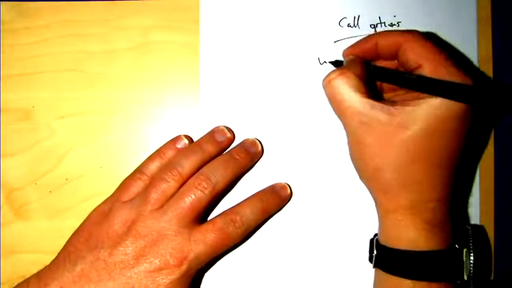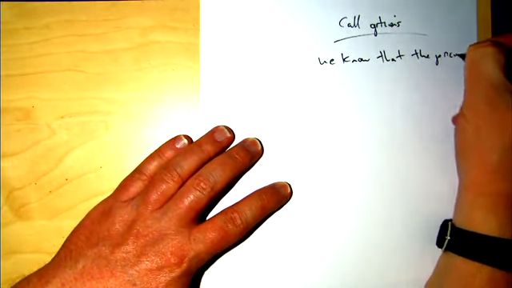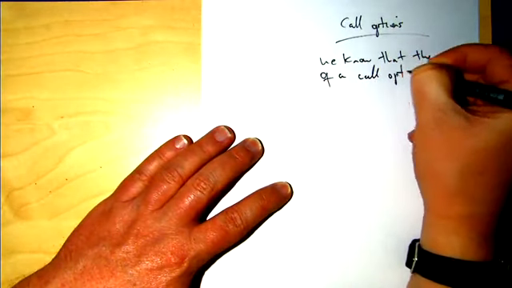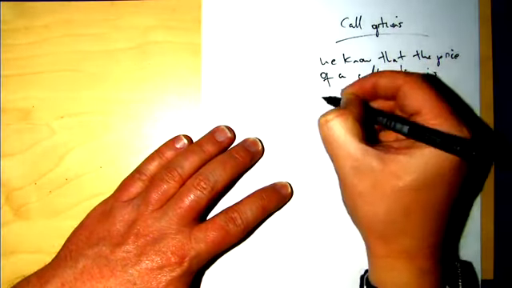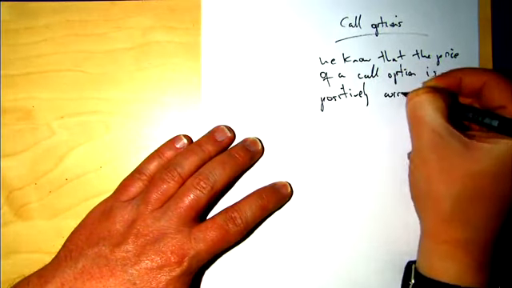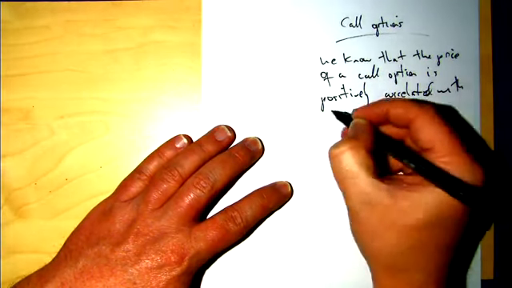Call options. Okay, so this is going to help us for something we're going to do in about 10 minutes' time. We know that the price of a call option is positively correlated with stock price movements.